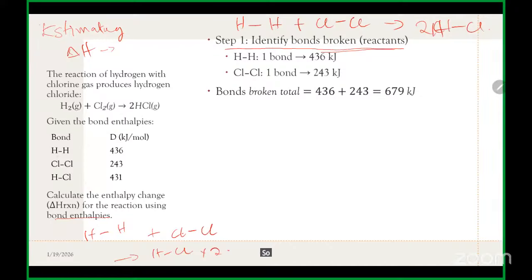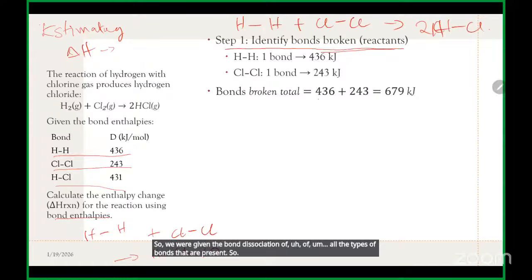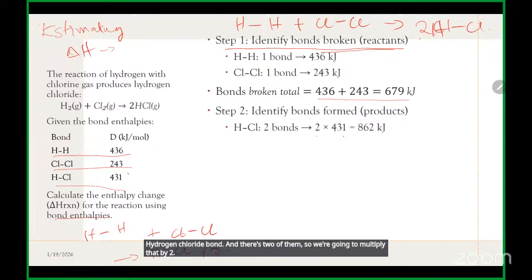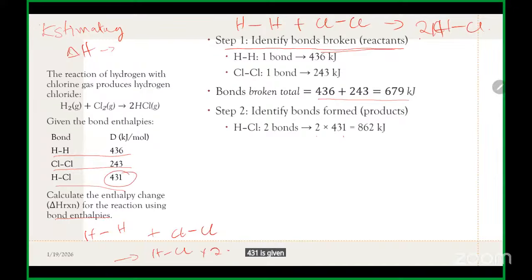We were given the bond dissociation of all the types of bonds that are present. So total energy of bonds broken is equal to that. Then identify bonds formed. The bonds formed in the product is the hydrogen chloride bond, and there's two of them. So we're going to multiply that by 2. 431 is given in the question.